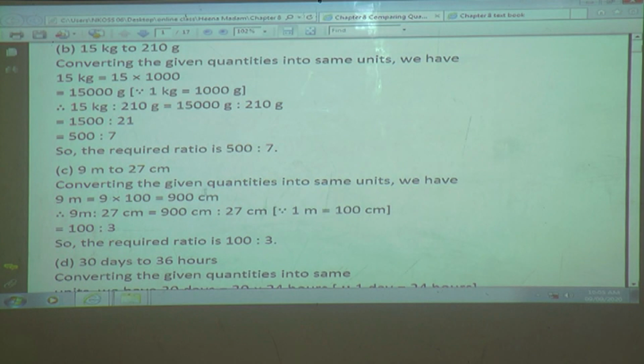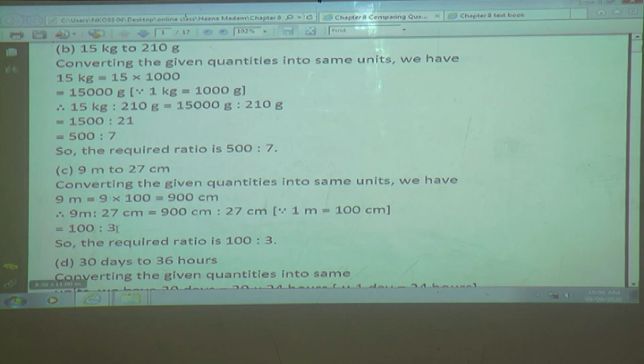Converting the given quantities into the same unit, 9 meter is equal to 9 multiplied by 100, which is 900 centimeter, because 1 meter is equal to 100 centimeter. So 9 meter to 27 centimeter becomes 900 centimeter to 27 centimeter.